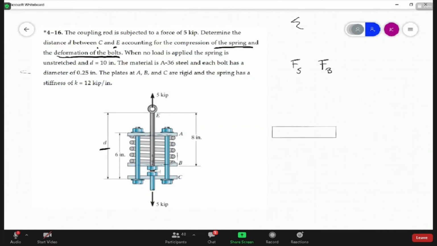You have the force acting up, which we know is 5 kips. And then balancing that, the force from the spring, and I'll put half on each side.